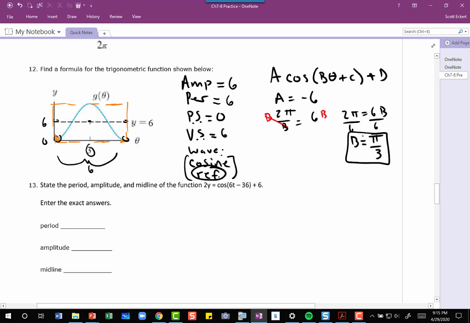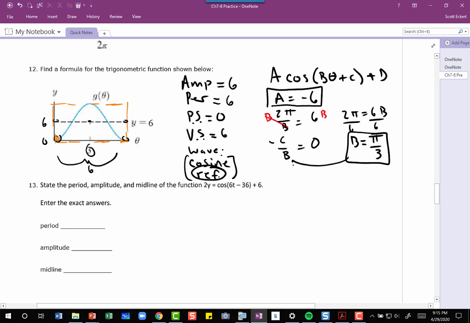There is another formula for phase shift, which involves C, but it equals 0. So -C over B equals phase shift. And phase shift, we can take that out and plug it in and solve.